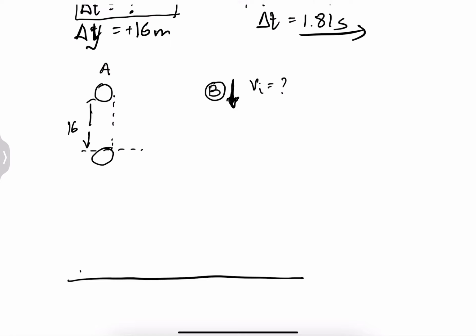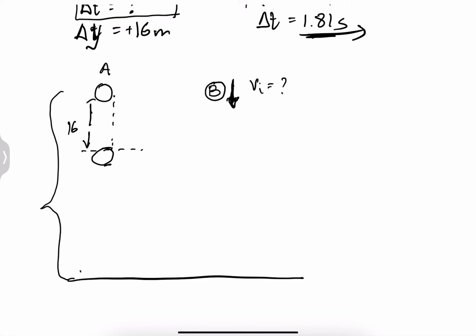Now, remember there is also a time delay. So let me find out how long it took for ball A to actually reach the ground. If I can find that, then ball B would have taken the time that A takes minus that 1.81 seconds, because that's the delay that ball B had.